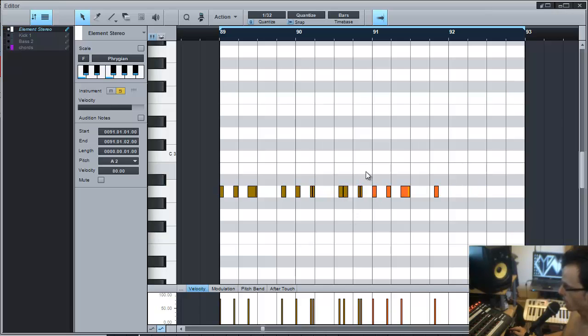Or I could repeat this one again here on 2B. Or I could even do something a bit more different. Repeat 2A into 1B.